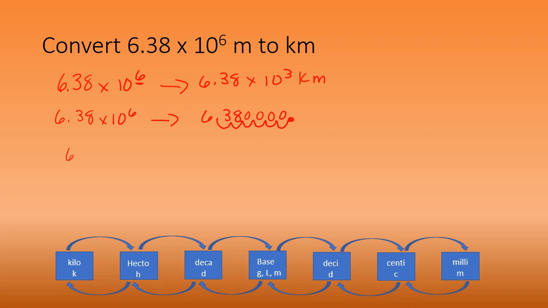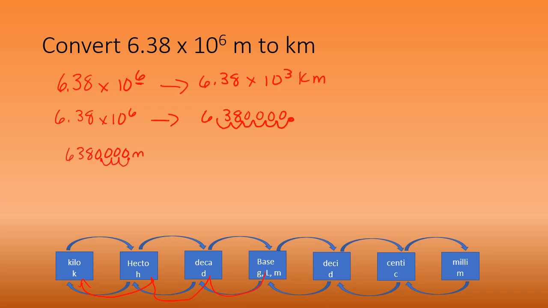So we'll rewrite that, 6,380,000 meters. And if we want to go from meters to kilometers, we see our base unit is here, and we're going to move that decimal 1, 2, 3 jumps to the left. So we'll take our decimal here and move it 1, 2, 3 jumps to the left and replace it.